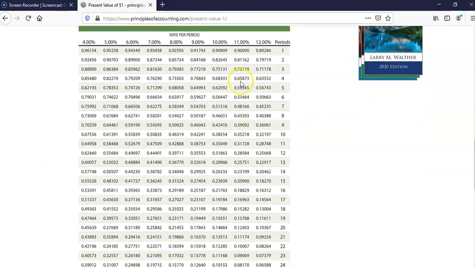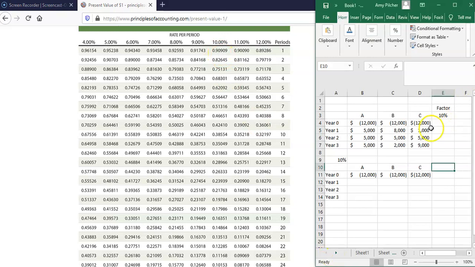So we have 10% for year 1 is 0.909. So I'm going to put that factor over here. So 10% at year 1, 0.90909. And then 10% for year 2, 0.82645.